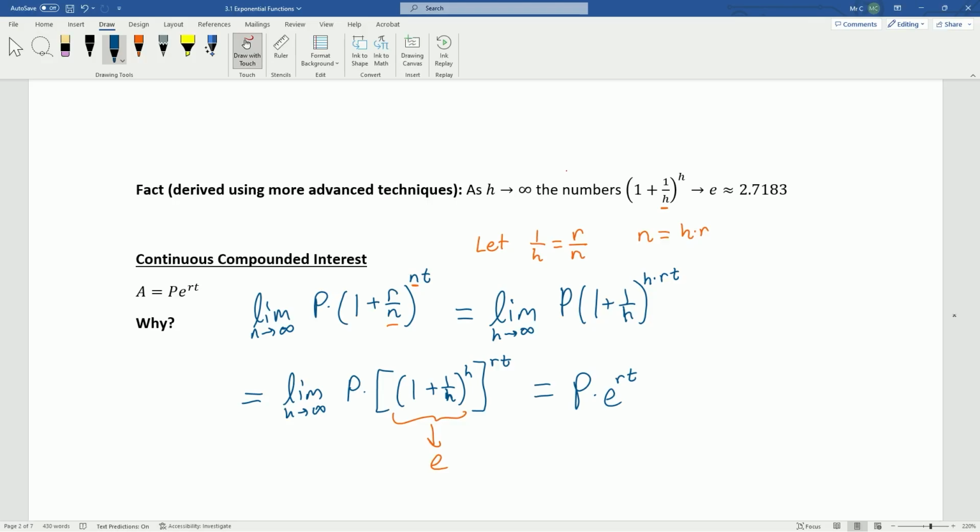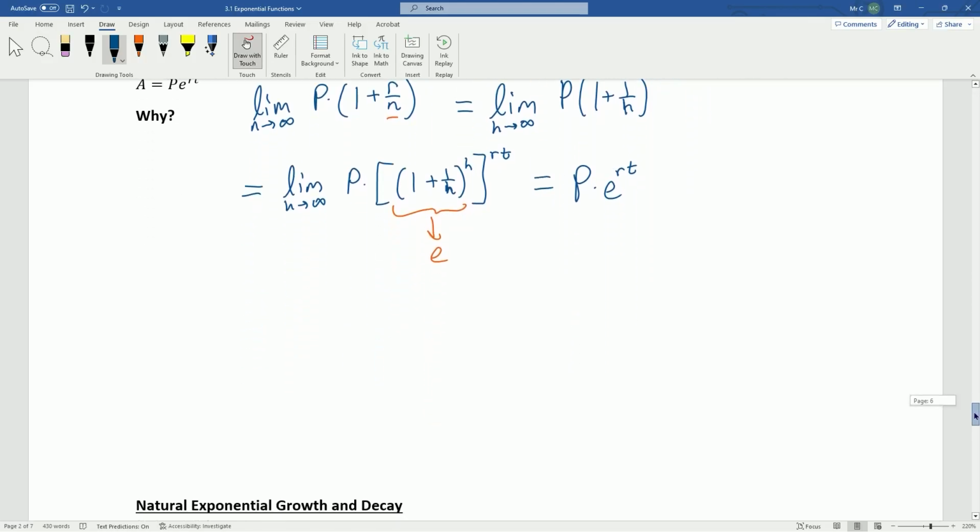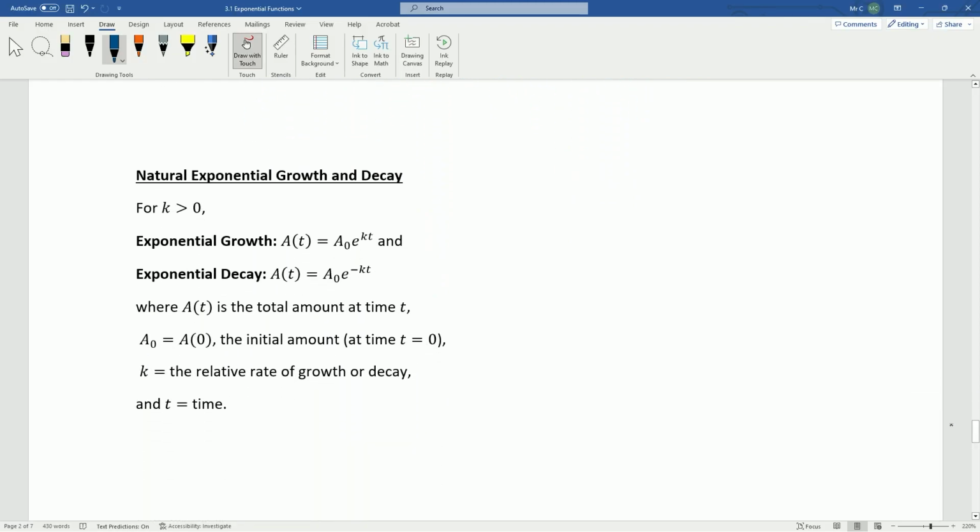So with that being said, let's take a look real quick at a summary for natural exponential growth and decay. As I said, when we talk about population growth or radiation decay, things like that, they behave in a very similar way to interest rates in terms of the mathematical computations. So our PERT formula is essentially the same formula. For k being positive, exponential growth is given by A(t) = A0 e^(kt).